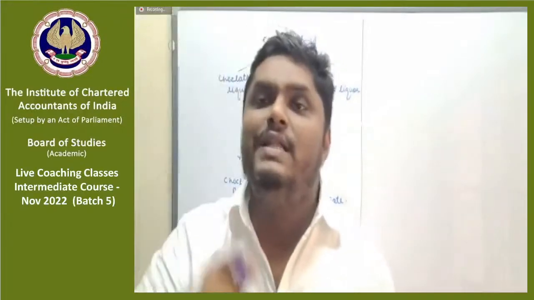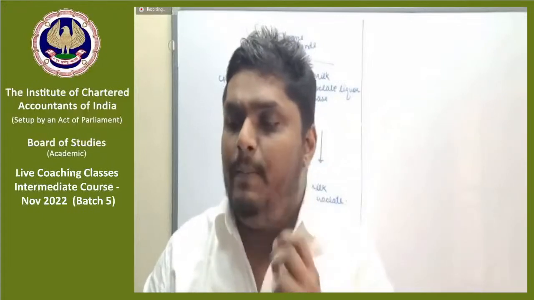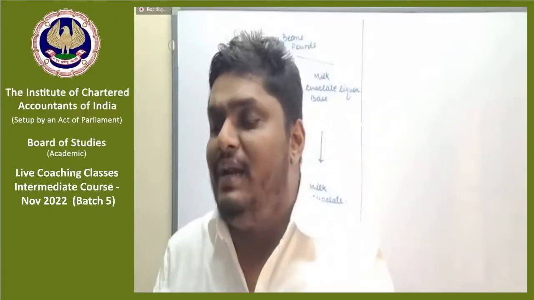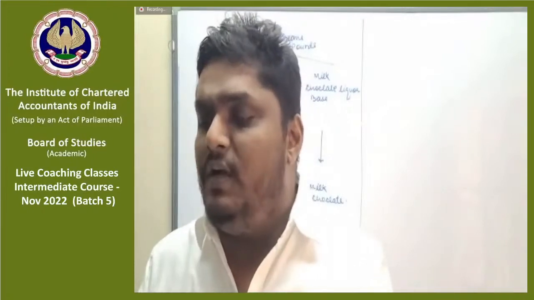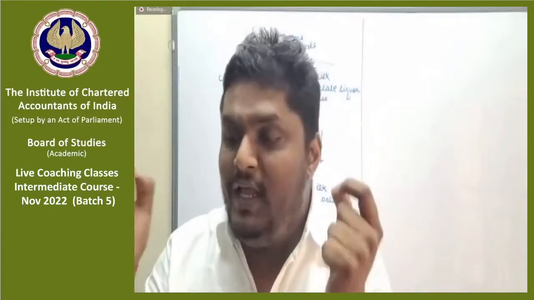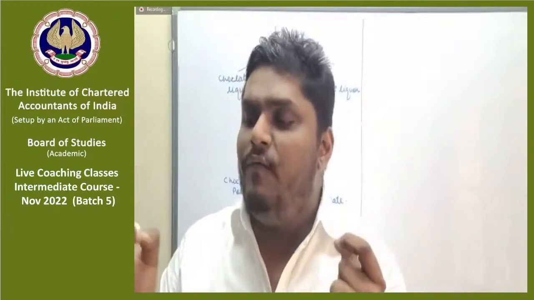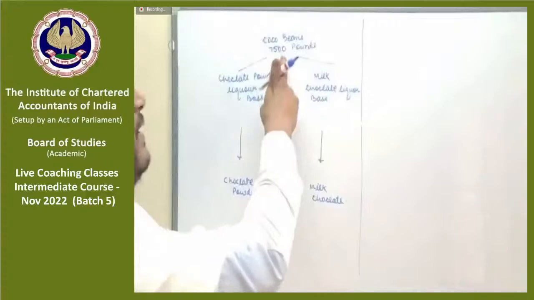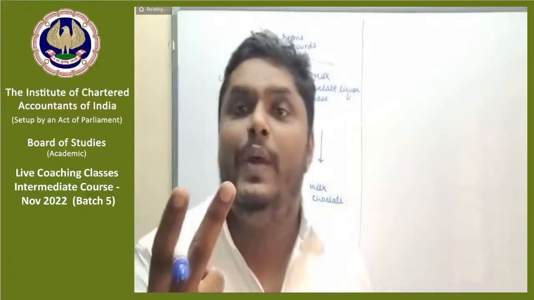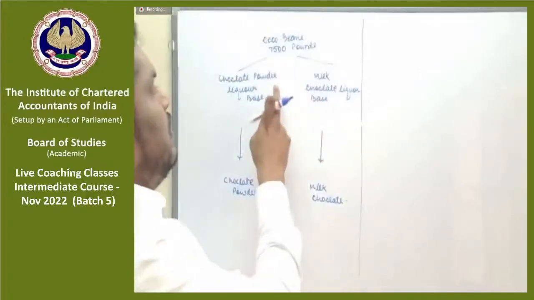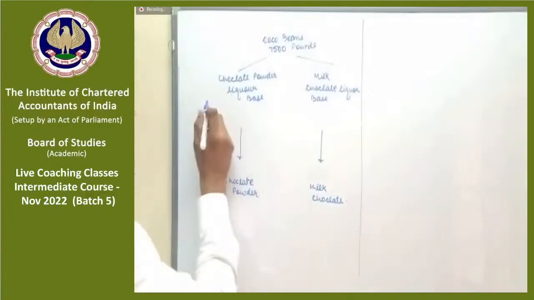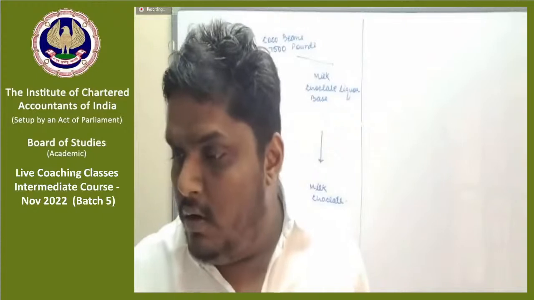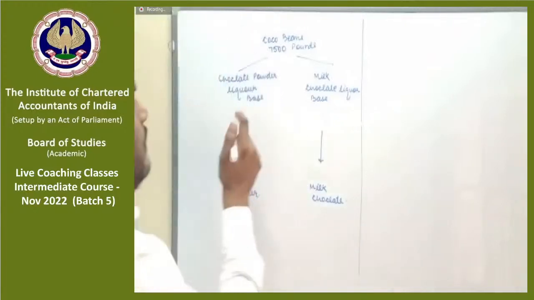Now let's read the question once again, the second part, that is these two intermediate products become separately identifiable at a single split off point. Every 500 pounds of cocoa beans yield how much? 20 gallons of chocolate powder liquor base.